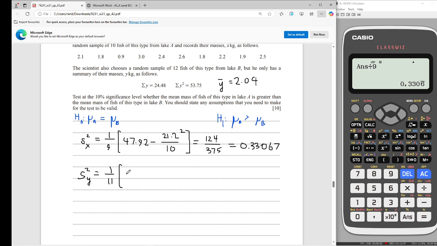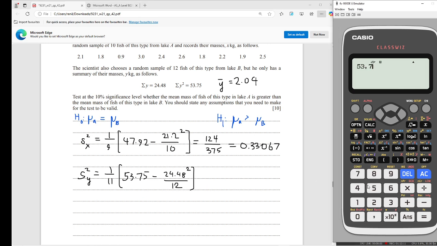This is 53.75 as the sum of y squared, minus 24.48 squared, divided by 12, and then divide that by 11.